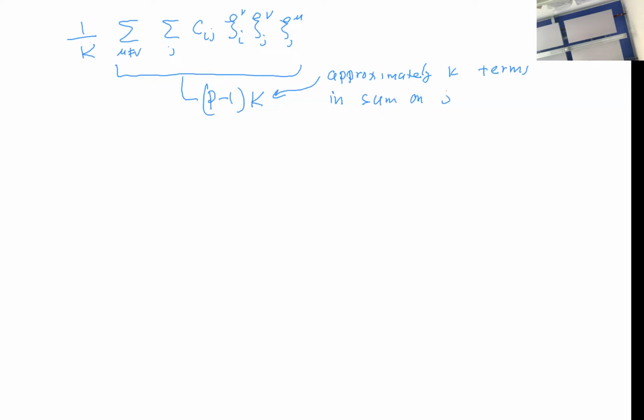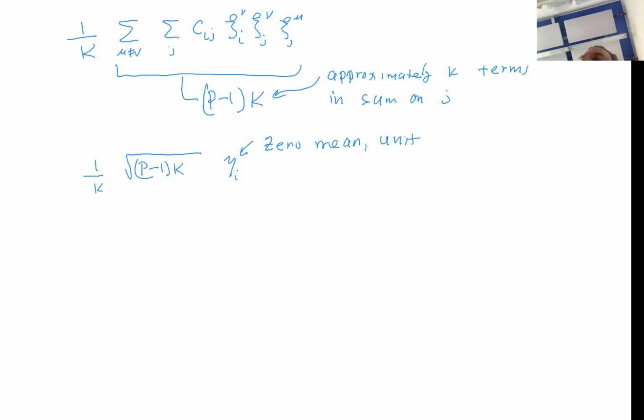And each of these things is either plus or minus 1. So this whole sum is 1 over k times the square root of p minus 1 times k, and then times some random variable. So 0 mean, unit variance.